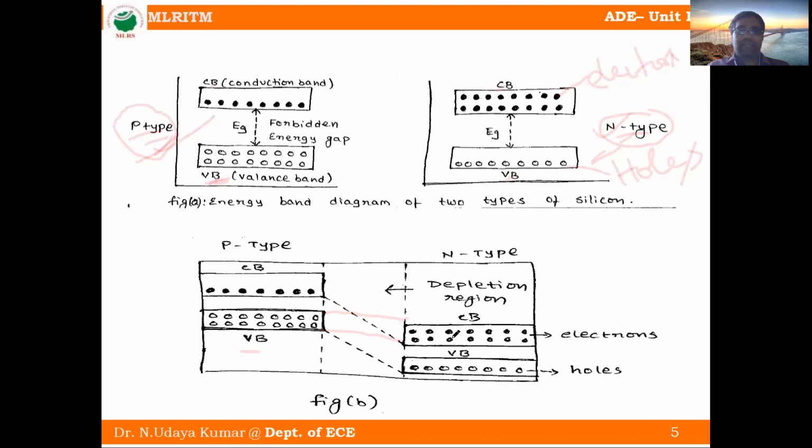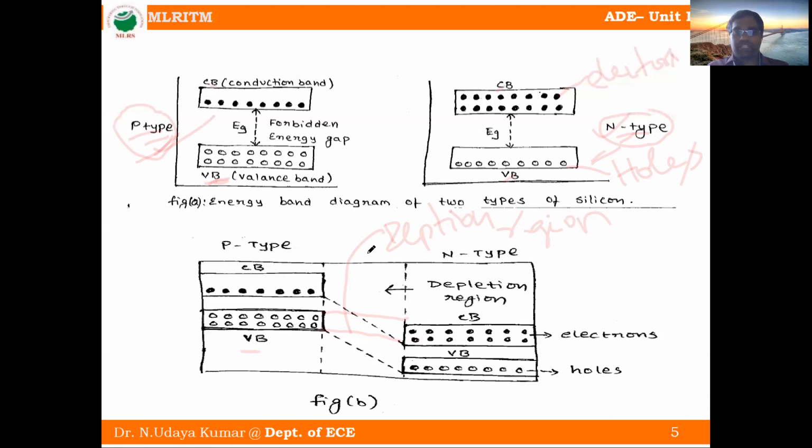Whenever the valency band and conduction band levels are the same, only then are electrons and holes exchanged. Electrons move. This region we call the depletion region, or barrier potential.